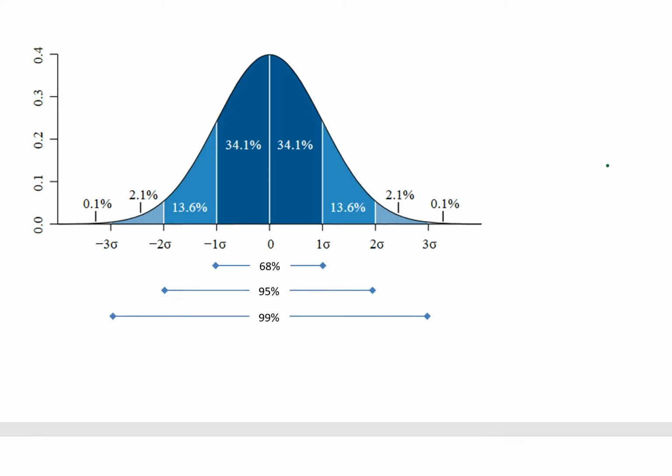Now that you know how to calculate the standard deviation, I'd like to take a look at the bell curve. This is a normal distribution, and it helps us interpret what a normally distributed population would look like and how to apply and interpret a standard deviation. You'll notice on this bell curve that there are different shades of blue.